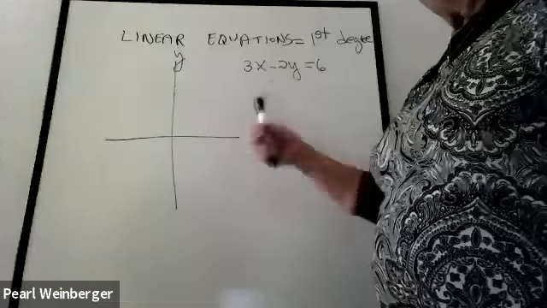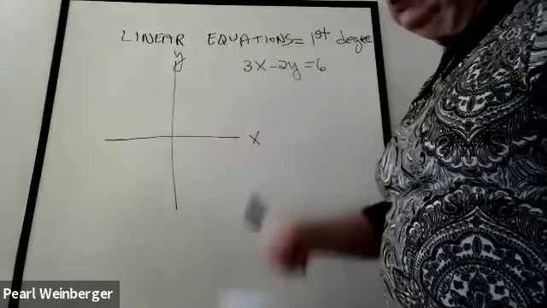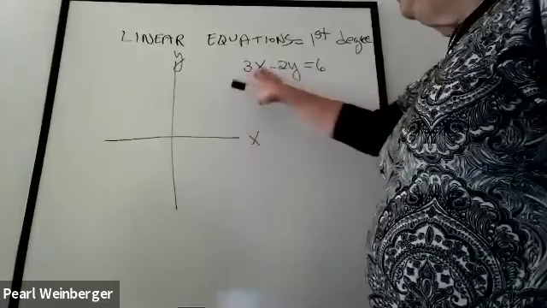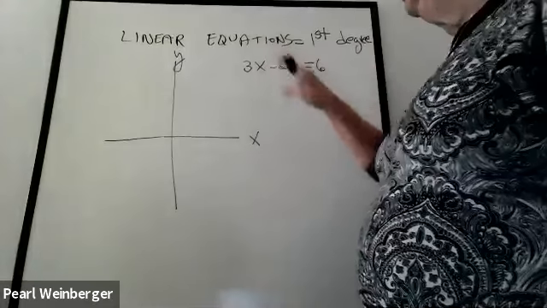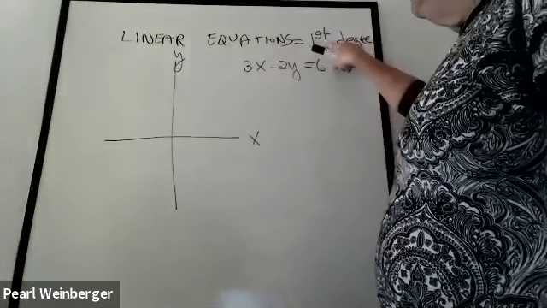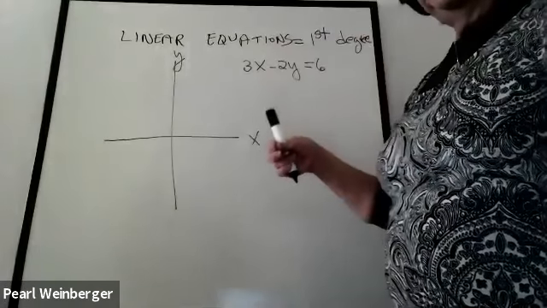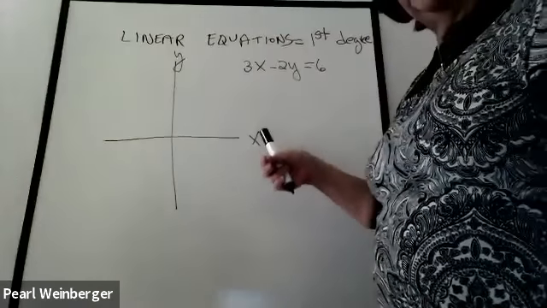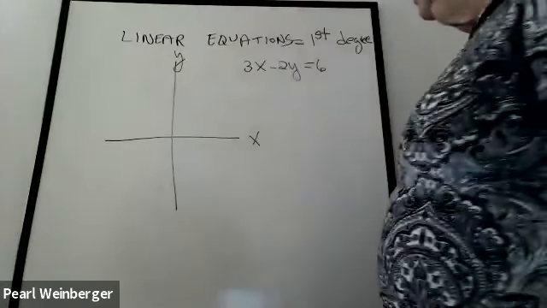There isn't ever going to be an x squared. There's not going to be the square root of x. There's not going to be an x to the third. The highest exponent in a linear equation is always 1. That's why it's also called a first degree equation, because the degree of an equation is the highest exponent that you see. First degree means my highest exponent is going to be 1.